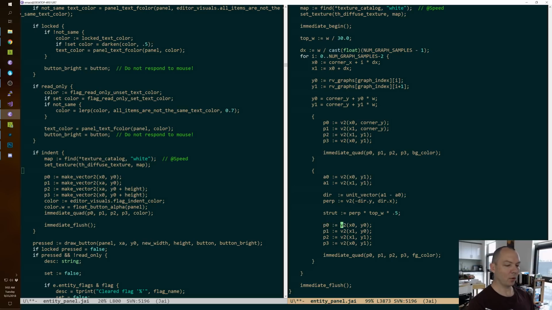So P0 is going to be A0 minus strut. P1 is going to be A1 minus strut. P2 is going to be A1 plus strut. And P3 is going to be A0 plus strut.